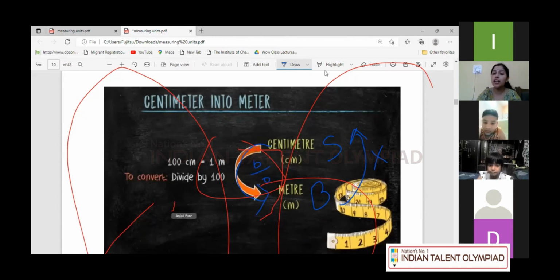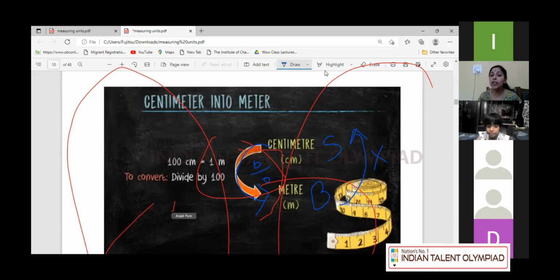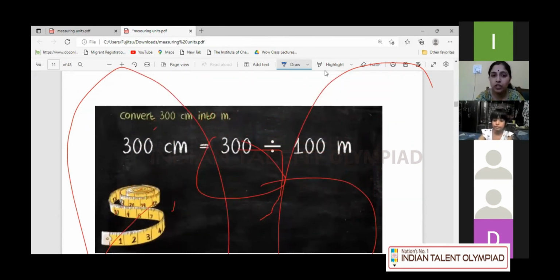When you're going from big to small, you have to multiply, but when you're going from small to big, you have to divide. So 100 centimeter equals 1 meter. Okay, now I'm giving you one more question.